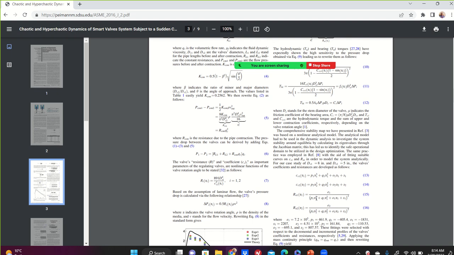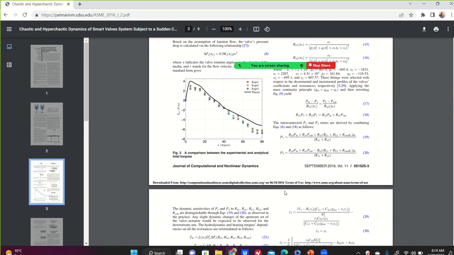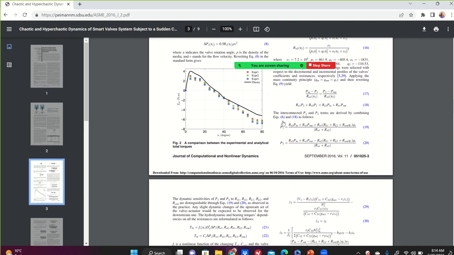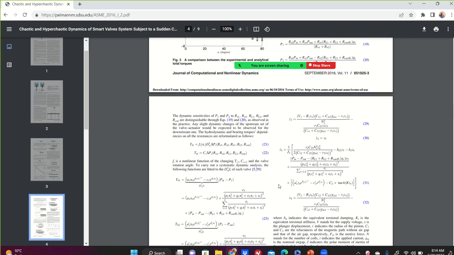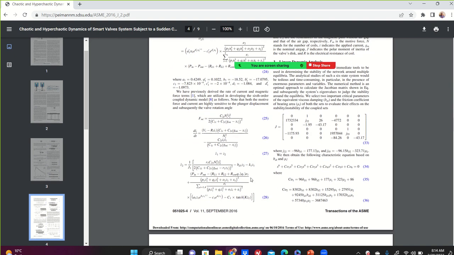I don't want to teach this because it is high level for you. But I'm saying that what I'm teaching you is used in research. That led to the pressure after the valves, which is huge based on the resistors, and we ended up with the state space equations that I taught you in MATLAB. Do you see that?